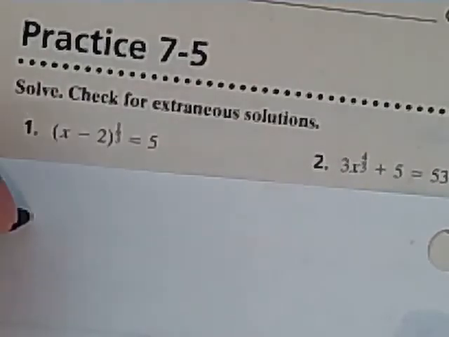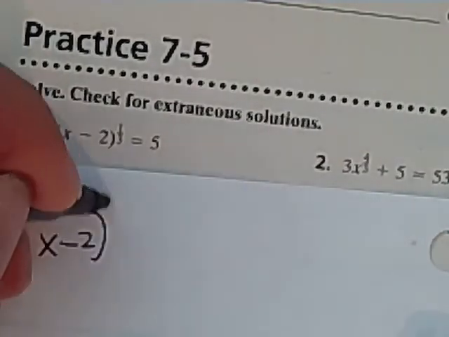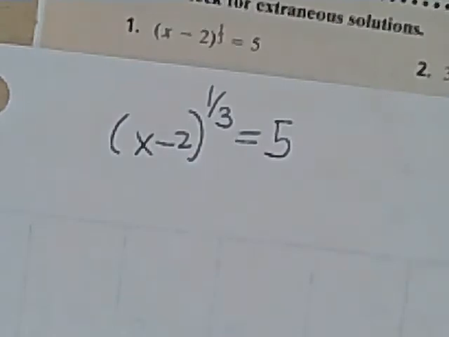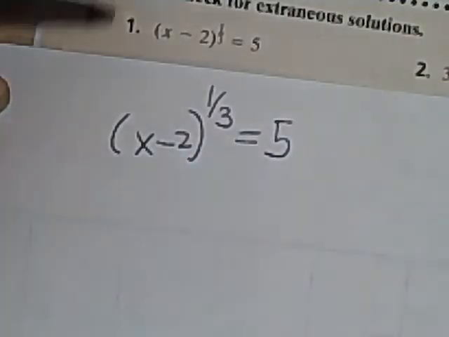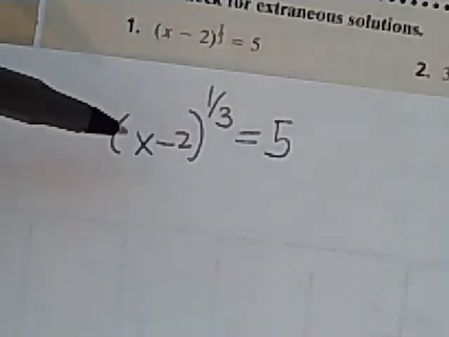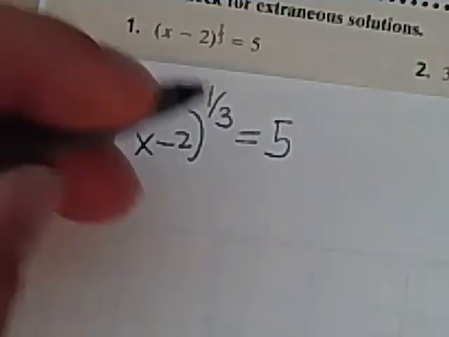Number 1, x minus 2, close parentheses, raised to the 1/3 power is equal to 5. We're supposed to solve for x. My first step would be to get rid of that 1/3 power by raising everything to the 3rd power, right?